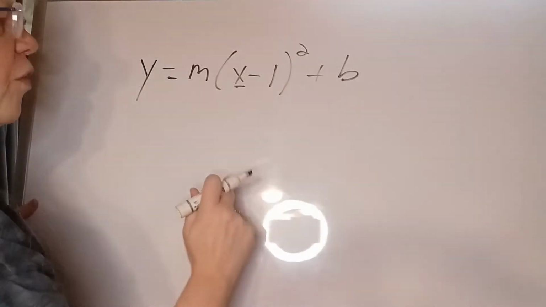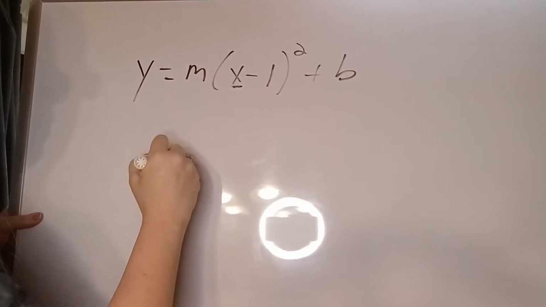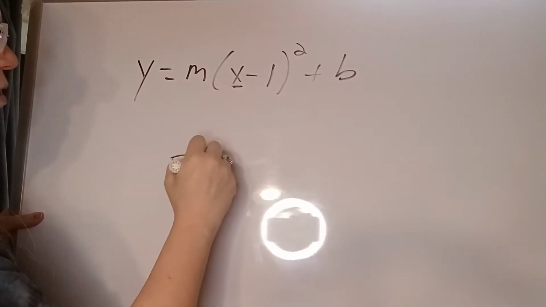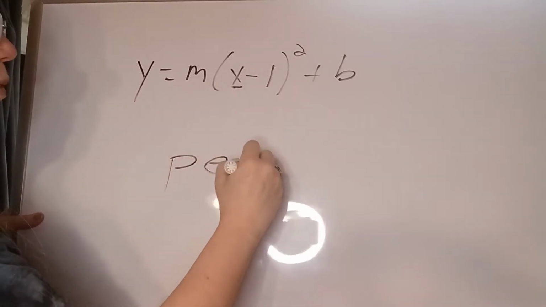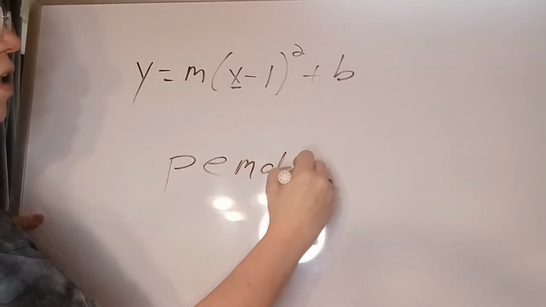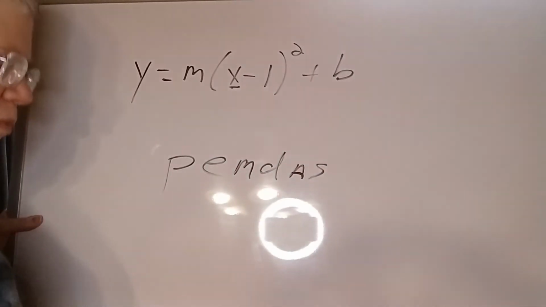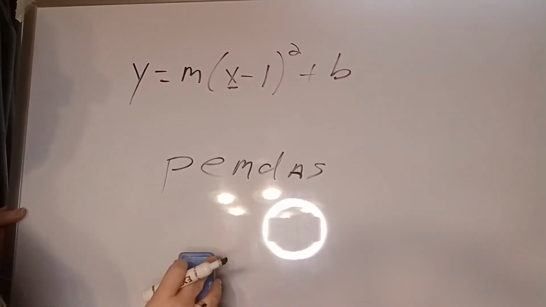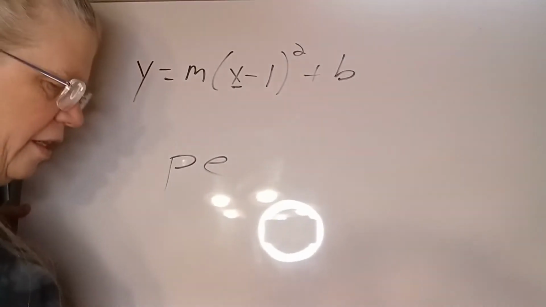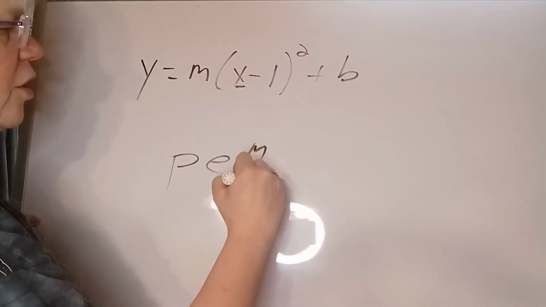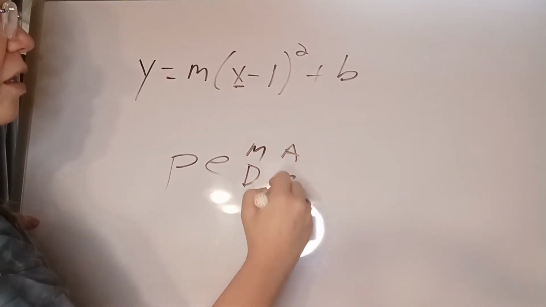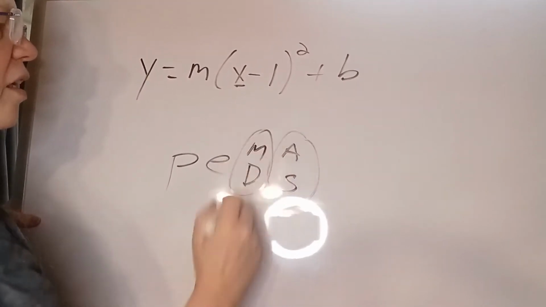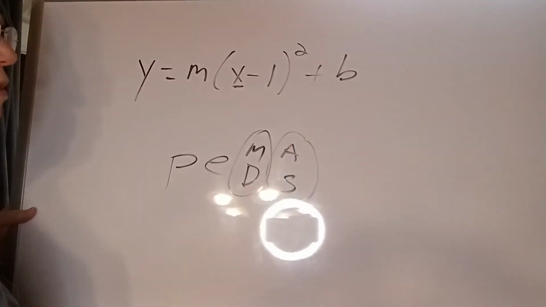You remember the order of operations: parentheses, exponents, multiplication, division, adding, and subtracting. I like to write that like this: multiplication and division, adding and subtracting, because adding and subtracting is actually the same thing.